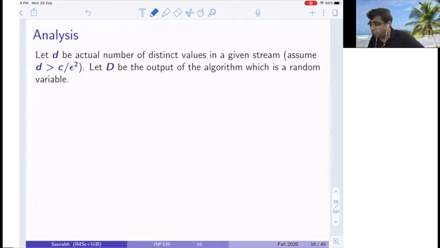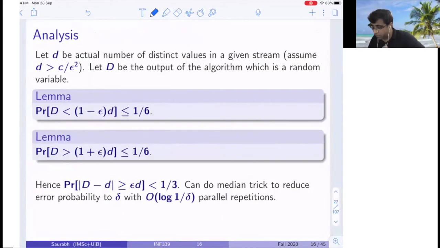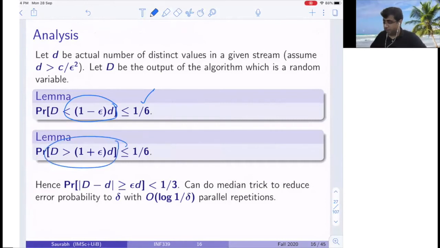Let d-hat be the output of the algorithm, which is a random variable. Now we are going to show that the probability that d-hat is too small compared to d is at most 1 over 6, and the probability that it is too far up is also at most 1 over 6. So the probability that |d-hat minus d| is greater than epsilon d is at most 1/3.